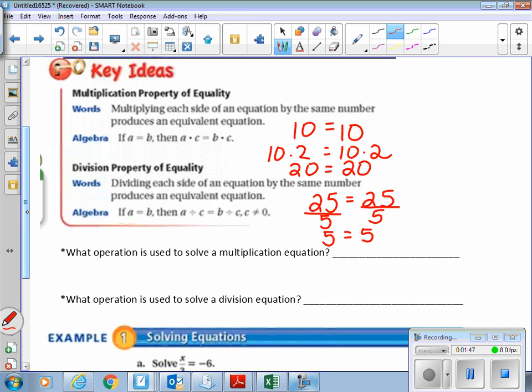So quick question, what operation is used to solve a multiplication equation? If I want to undo multiplication, I'm going to use its inverse operation. What is the inverse of multiplication? Division. And what operation is used to solve a division equation? We're looking for the inverse of division, which would be multiplication.